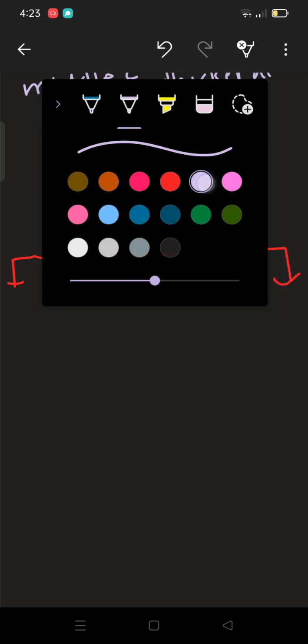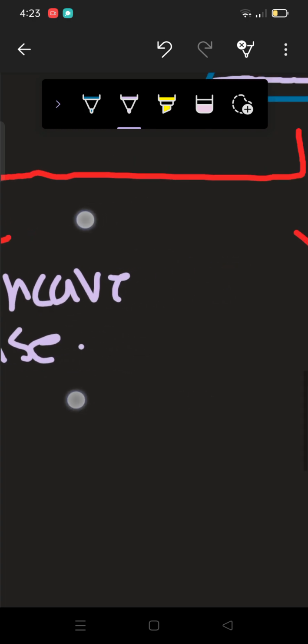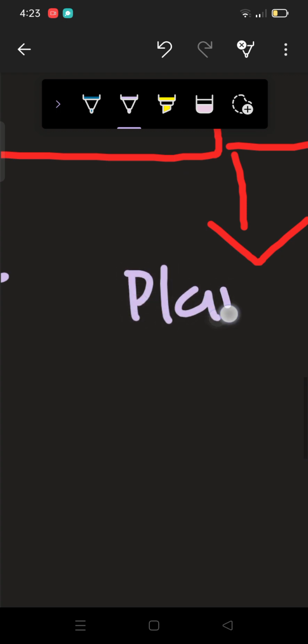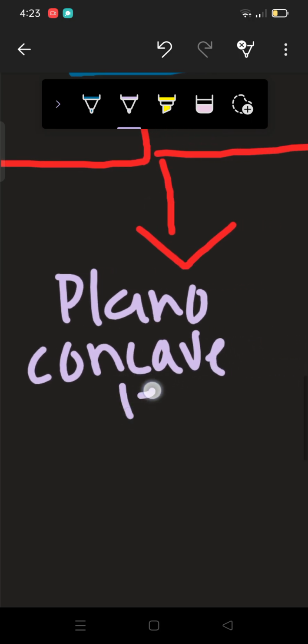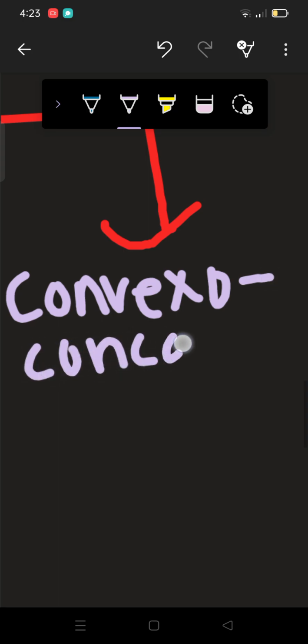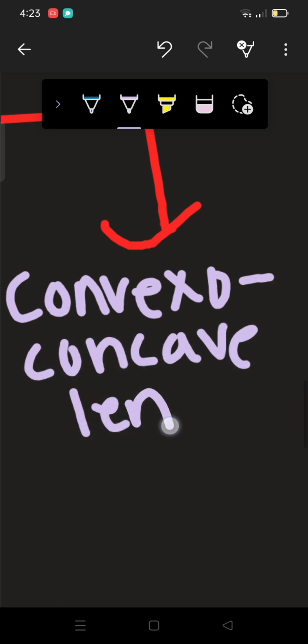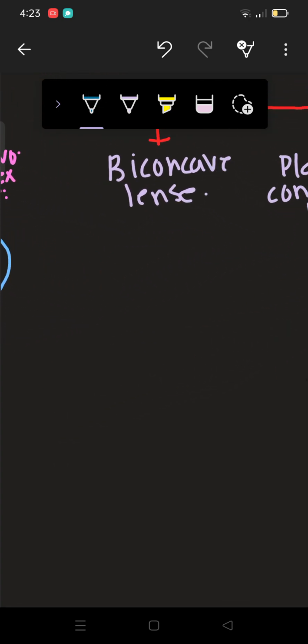What are these three types called? The first one is biconcave lens, second one is plano-concave lens, and the last one is convexo-concave lens. Alright, so I am making the diagram here so that it can be clear to you.